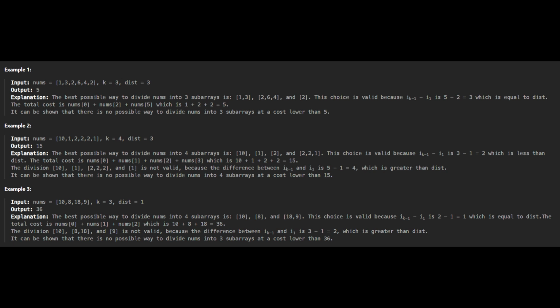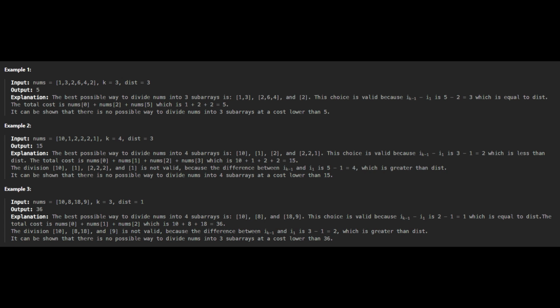Second subarray is 2, 6 and 4. Third subarray is 2. Now let's calculate the cost. The cost of each subarray is its first element, so first subarray cost equals 1. Second subarray cost equals 2. Third subarray cost equals 2. Total cost equals 1 plus 2 plus 2, which is 5.